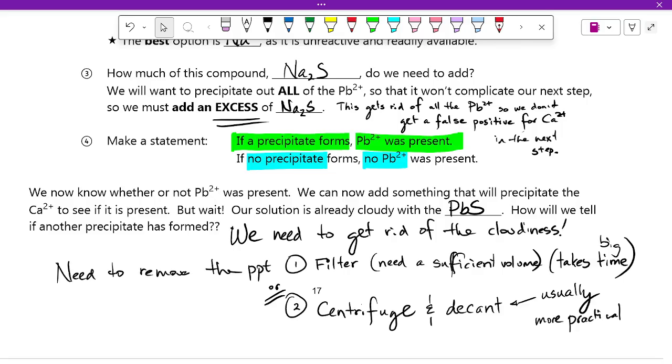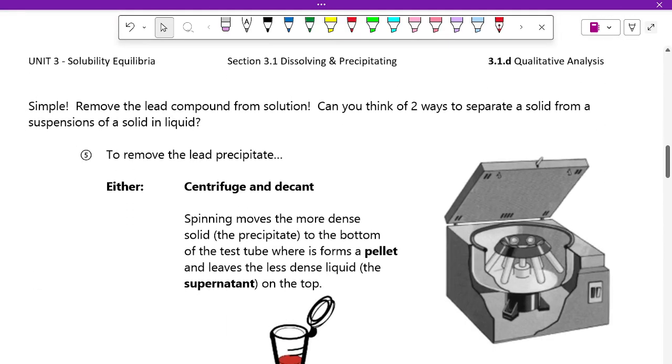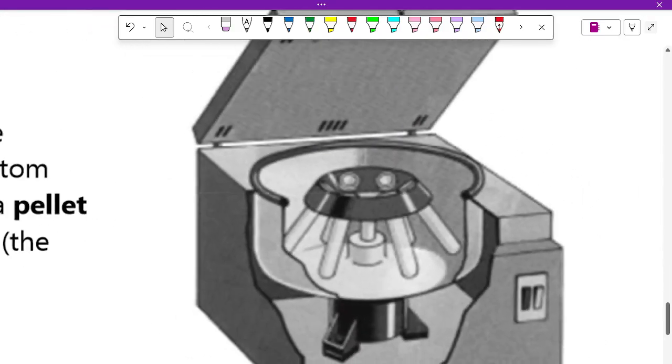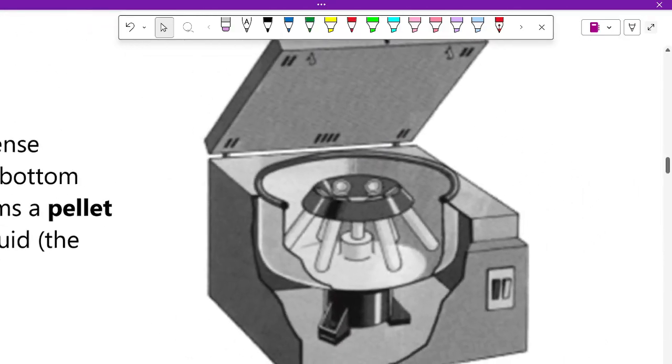We're going to go on to the next page and see what a centrifuge looks like, because we have this lovely picture where it's been chopped in half, and you can see that there are test tubes and they all go out at kind of an angle. You will have in your test tube the little solid bits floating around in there.